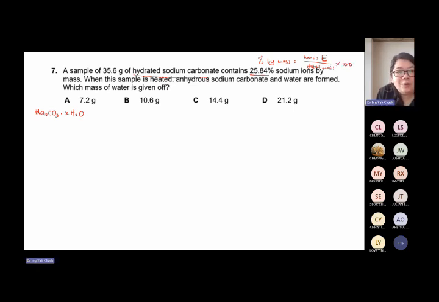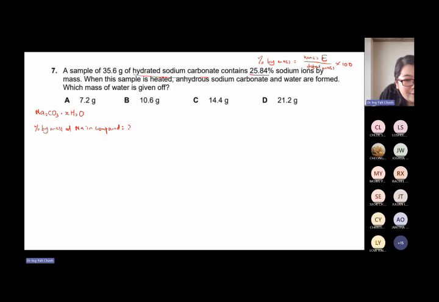In this case, we don't know the mass of everything, so we can only use the molar mass or atomic mass to find this percentage by mass of sodium in the compound.